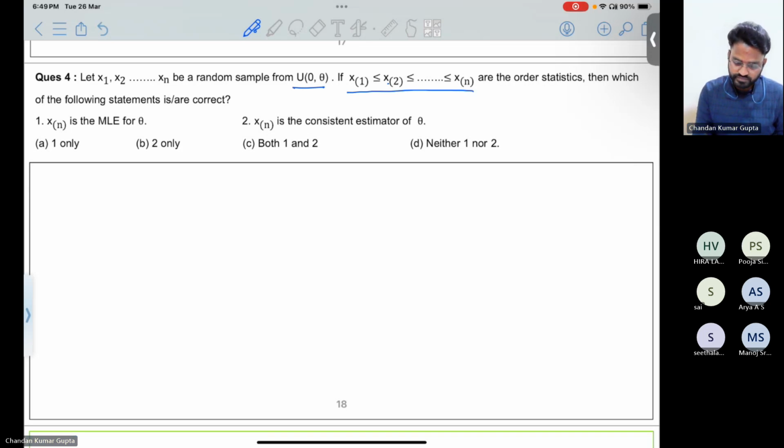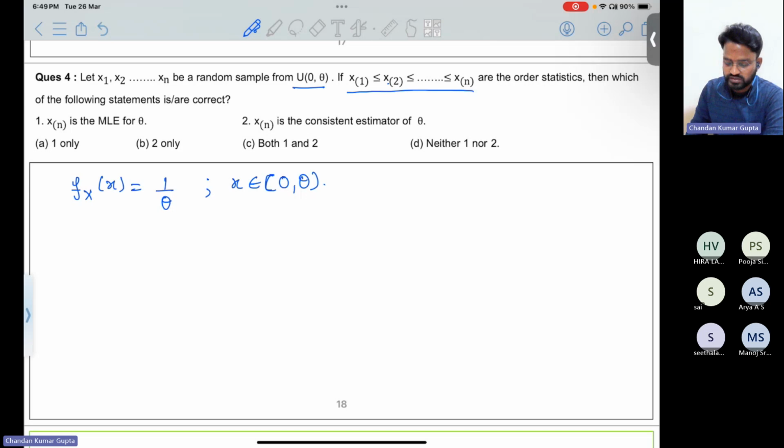Okay, so for the first, we are given f(x) equal to uniform 0 to theta. That means it is 1 by theta for x lying between 0 and theta.